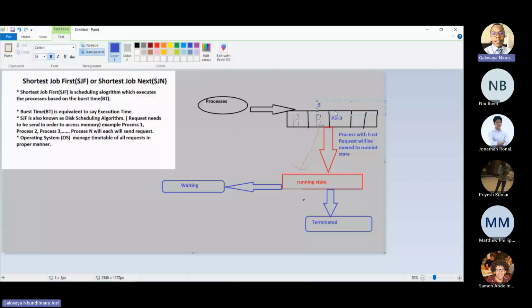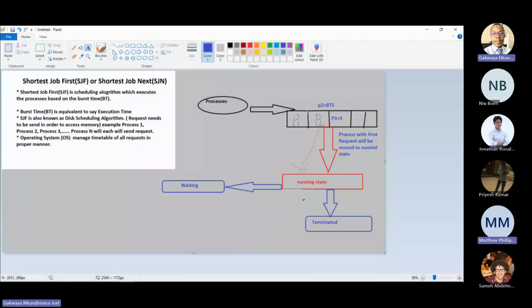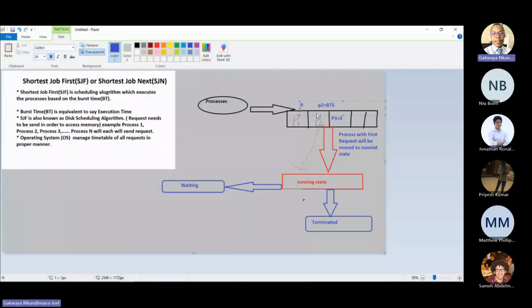And P1 was 4, right? Remember, it came first, so with burst time equal to 4, it is in the running state.